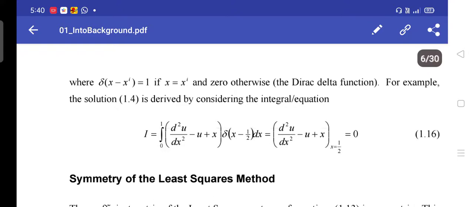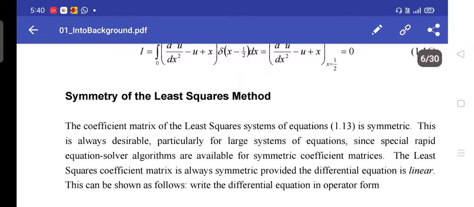So the integral 0 to 1 of (d²u/dx² minus u plus x) into delta of (x minus 1/2) dx is equal to d²u/dx² minus u plus x at x equal to 1/2, which is equal to 0.